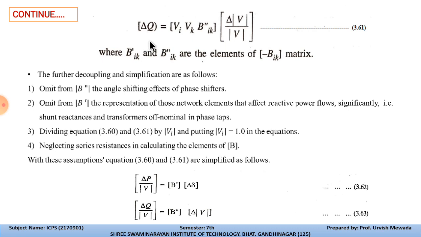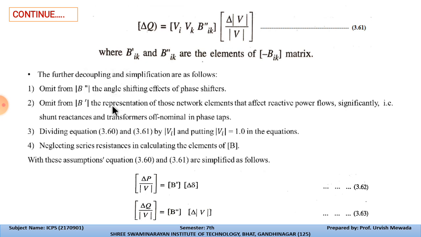In that we can write the equation for delta Q is equal to Vi Vk b double dash ik, and in the matrix delta mod V divided by V. This is equation number 3.61, where b dash ik and b double dash ik are the elements of the minus b ik matrix that we already formed in the case of the NR method Jacobian matrix. Further decoupling and simplifications are as follows. These are the steps for the simplification of the FDLF method.